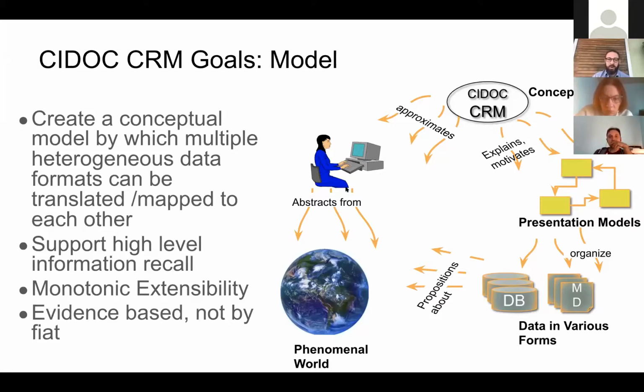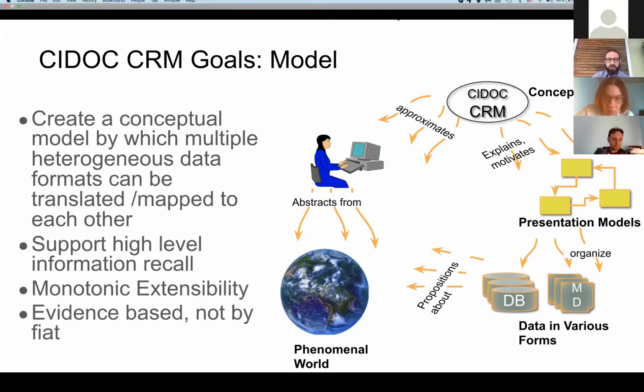So this monotonic extensibility means that we want to make changes that do not result in reconsidering a class and saying what we thought was one thing is two things, for example. Because if we make a class and we say all things under this class are one thing, and then we decide, no, it's two things, then for people who've used that version of CIDOC CRM, if they have 5,000 things underneath class X, now they have to decide, is it A or is it B? And obviously that's a pain.